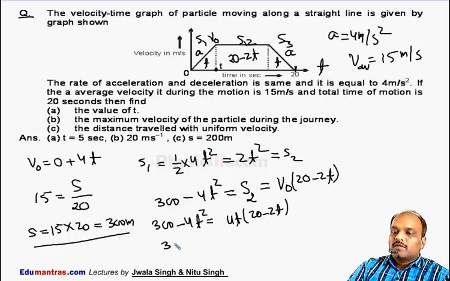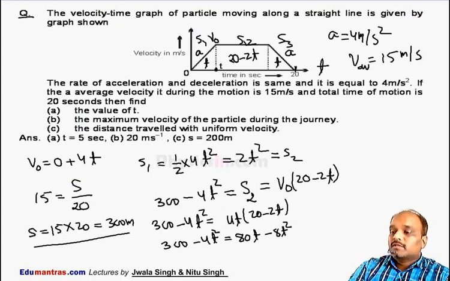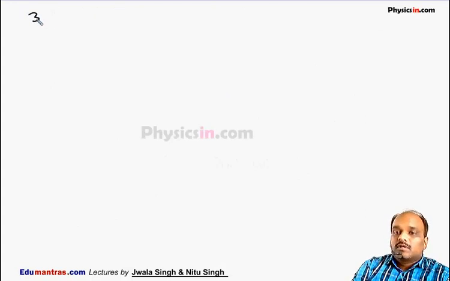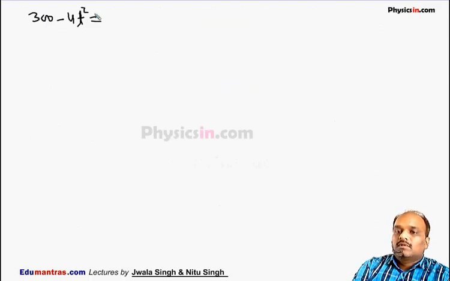So from here we get 300 minus 4t squared is equal to 80t minus 8t squared.